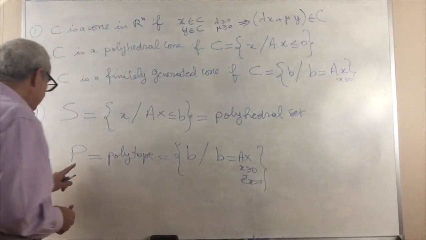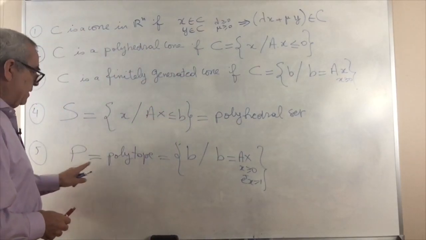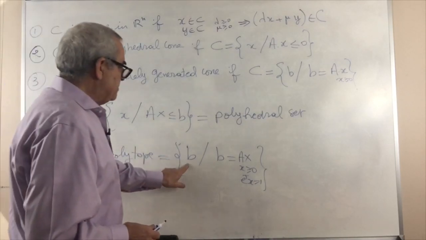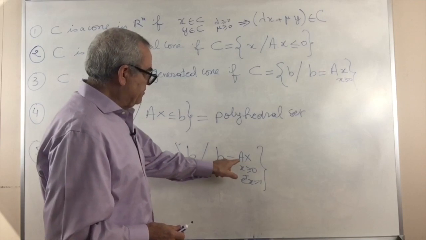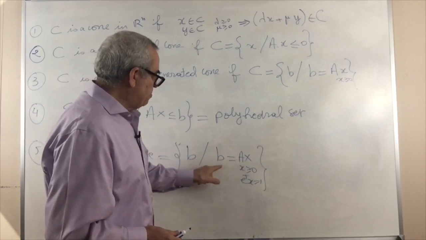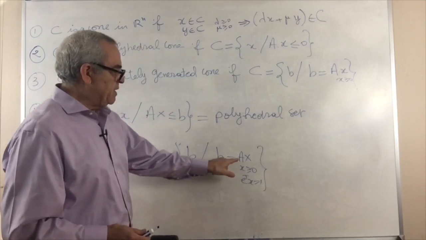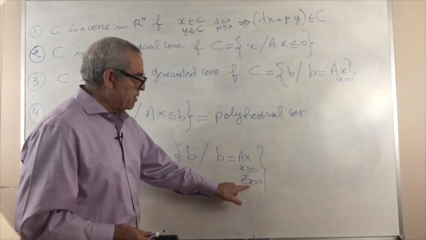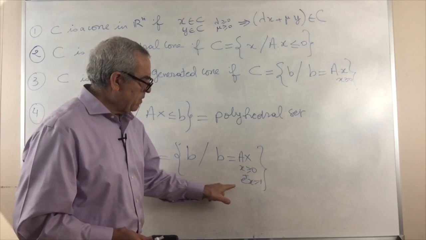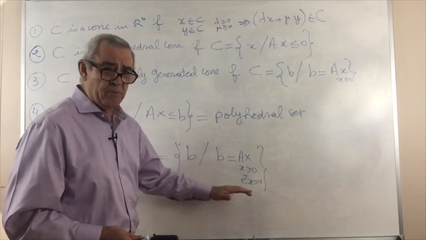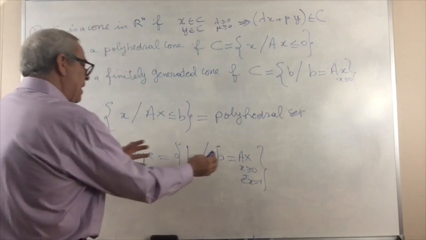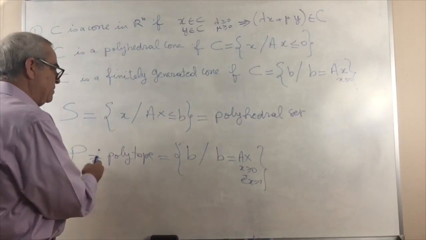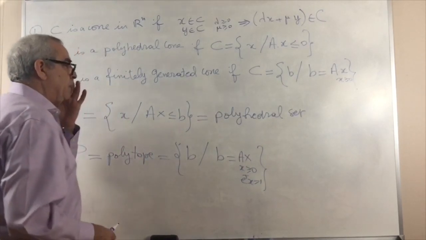And finally, a set P is called a polytope if B is defined by a matrix A, so B is a non-negative linear combination of the columns of A, but the x is normalized here. The sum of the x's is normalized to 1. So this is a bounded set. And so it's a polyhedral set that's bounded, and that's called the polytope.